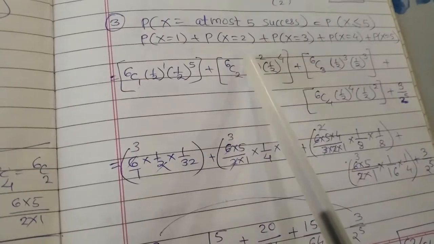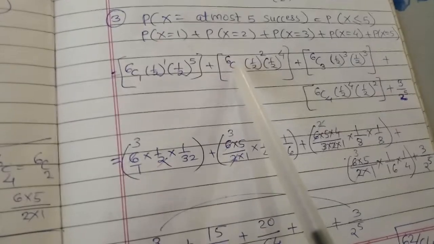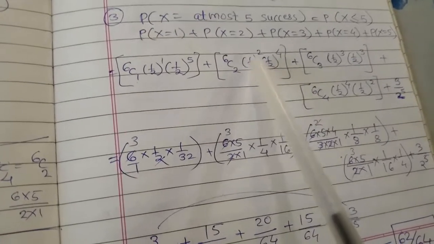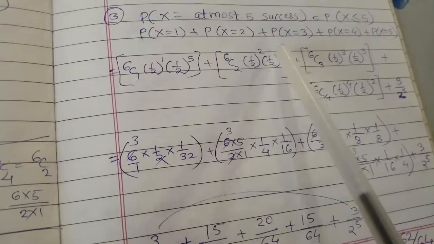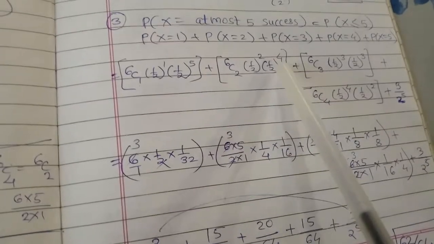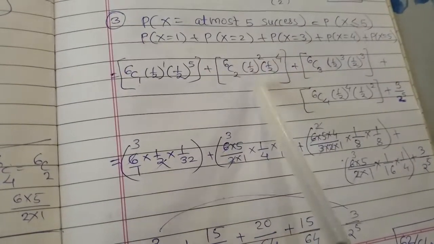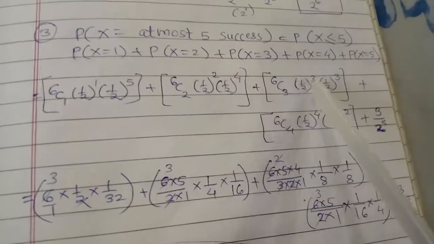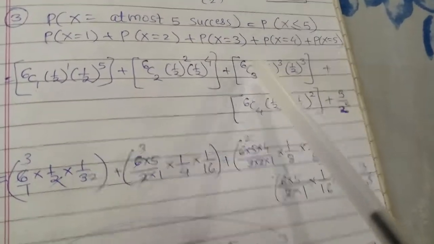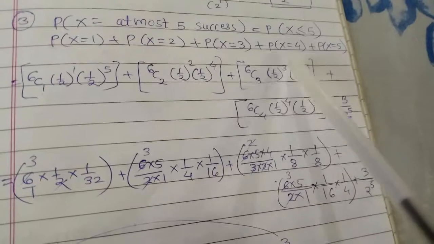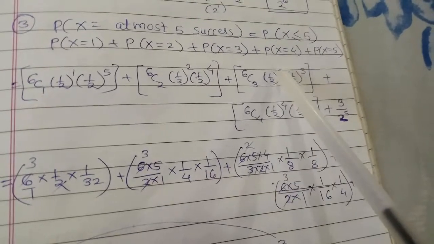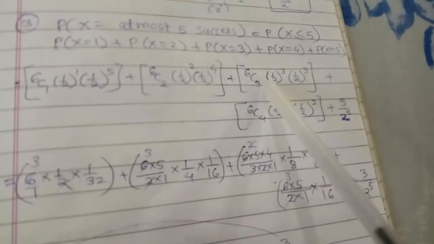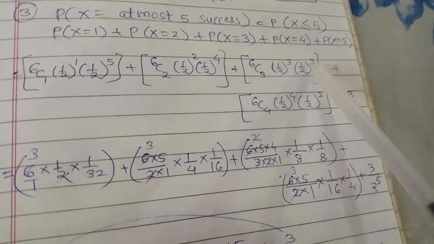Again here for x is equals to 2, 6C2, half raised to 2, and q is again half, so half raised to 6 minus 2, that is 4. For 3 again, that is 6C3 half raised to 3, and q raised to n minus x, that is 6 minus 3 is 3.